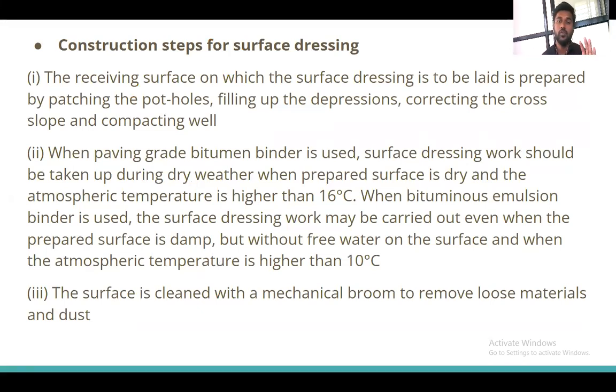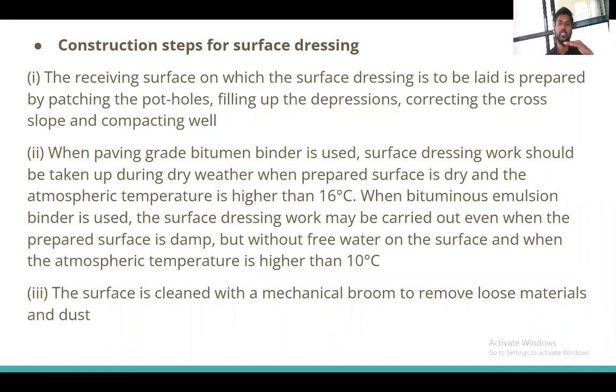Now we will see the construction steps for achieving the surface dressing. The receiving surface on which the surface dressing is to be laid is prepared by patching holes, filling up depressions, correcting the cross slopes and compacting.